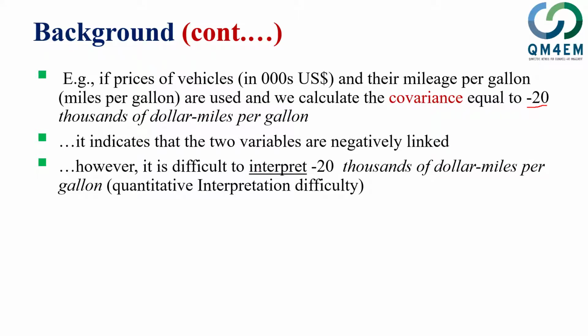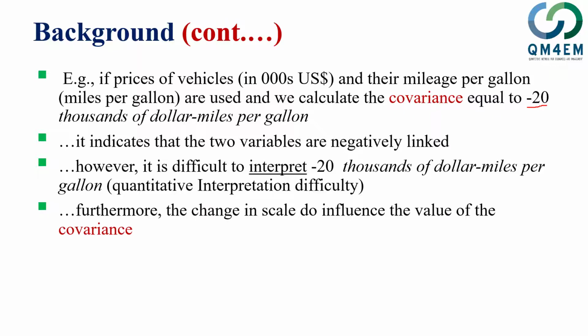Secondly, the problem is that it's difficult to say what this minus $20,000 miles per gallon actually indicates. Its interpretation becomes problematic. It's not telling me if one thing is changing, how the other is responding. It's just giving me a summary number with a complex unit of measurement.